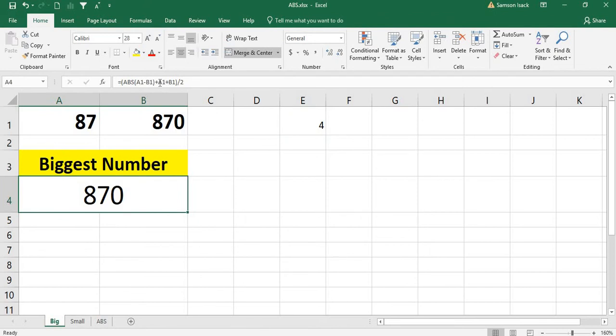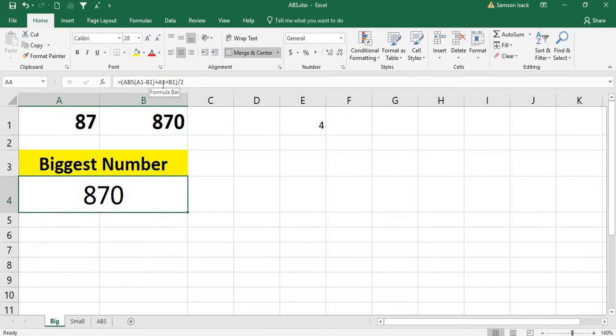Now you will know the formula. I'll show you the formula: for the number a and number b, mod a minus b, that is the absolute of a minus b, plus a plus b.